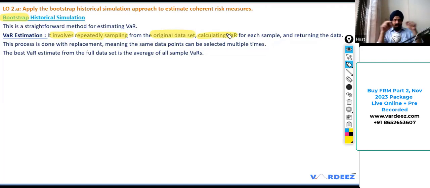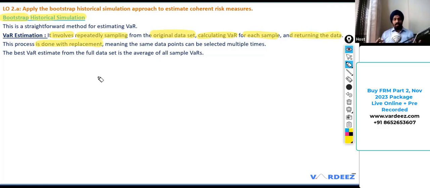For that 100, we calculate using the historical simulation method, like separating the quantiles. For each sample we calculate that, and then we return that data back to the original population data. This is known as sampling with replacement.